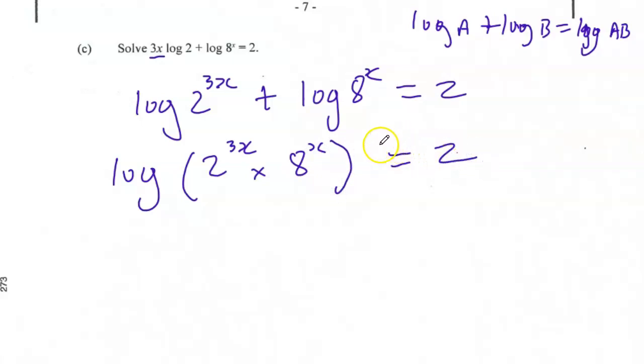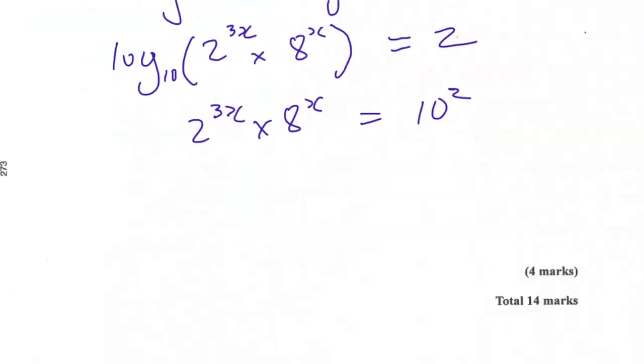2. And now the assumption is it's base 10, that's the assumption. So which means that what's in the bracket, 2 to the power of 3x times 8 to the power of x, is equal to 10, the base, raised to the power here, 2. So we end up with, what now?